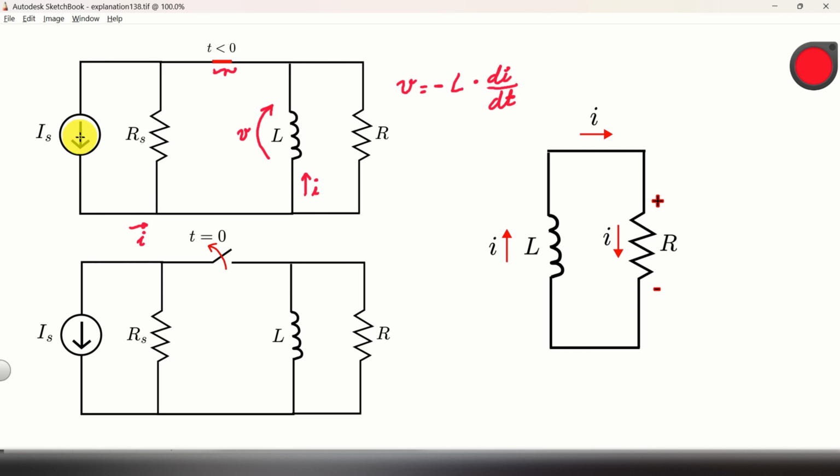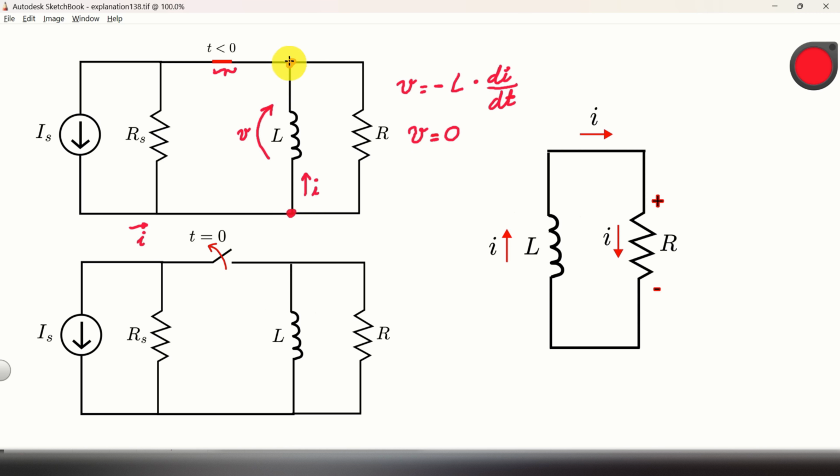Since the current is constant inside of this circuit, the first derivative of current with respect to time is 0, and then the voltage drop across the inductor is equal to 0. This means that the voltage potential of this point and this point are equal.